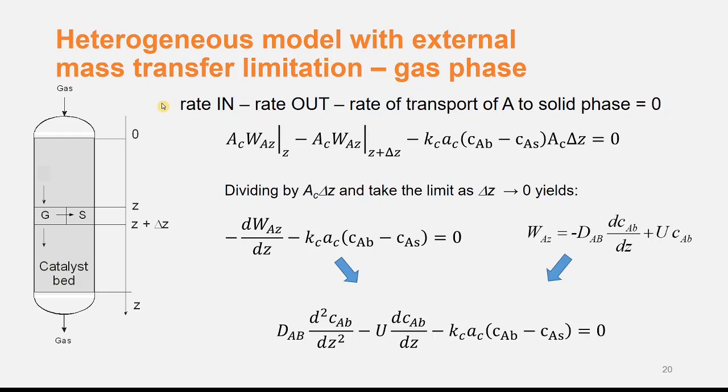Just as we did for the homogeneous model, we start with a standard material balance, where the accumulation term is 0 since we assume steady state. The rate of mass transport of A from the gas to solid phase is the usual expression involving the mass transfer coefficients and surface area of pellets per unit volume of bed.